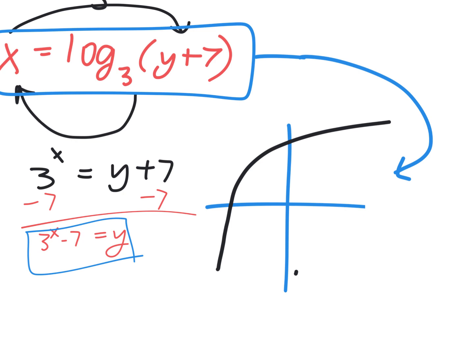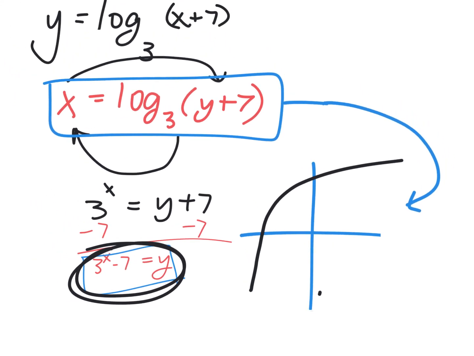And then this one, if I graphed it, it would be an exponential that's been moved. What? Wait a minute. It's been moved down 7. Double checking myself here that I haven't lost my mind. Nope. Haven't lost my mind. Y equals 3 to the x minus 7.